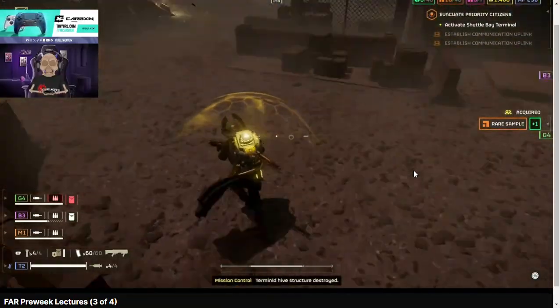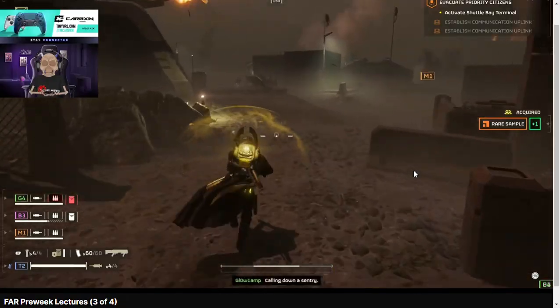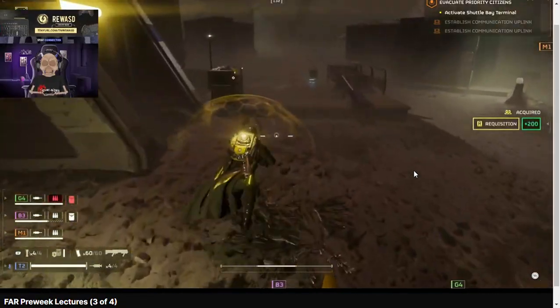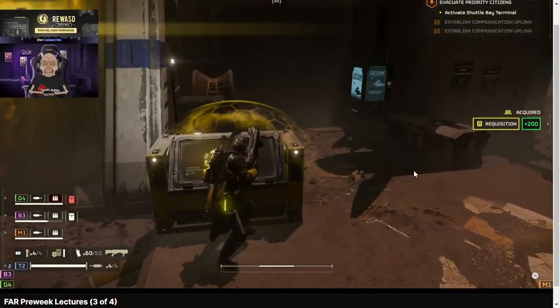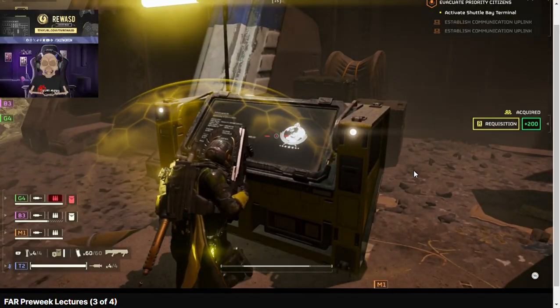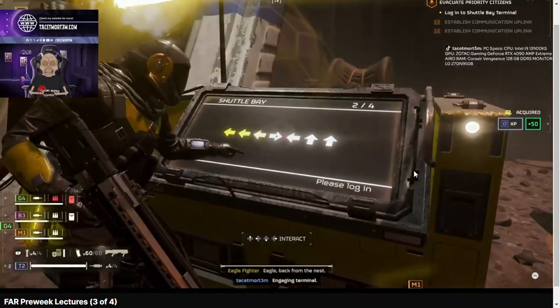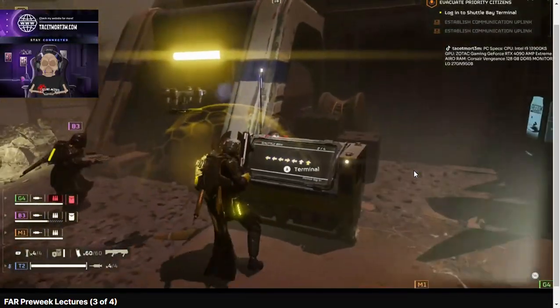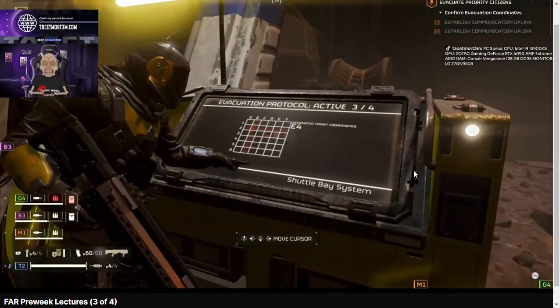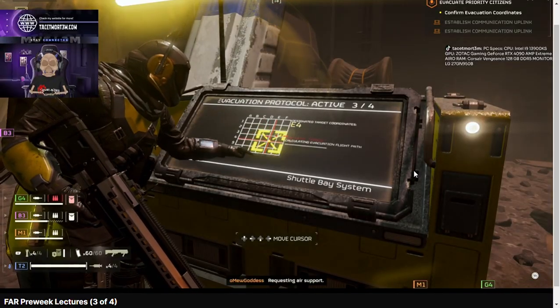Permanent hive structure destroyed. Calling down a sentry. Now we activate the shuttle bay. Evacuate these suckers. Engaging terminal. Orbital inbound. Requesting air support.